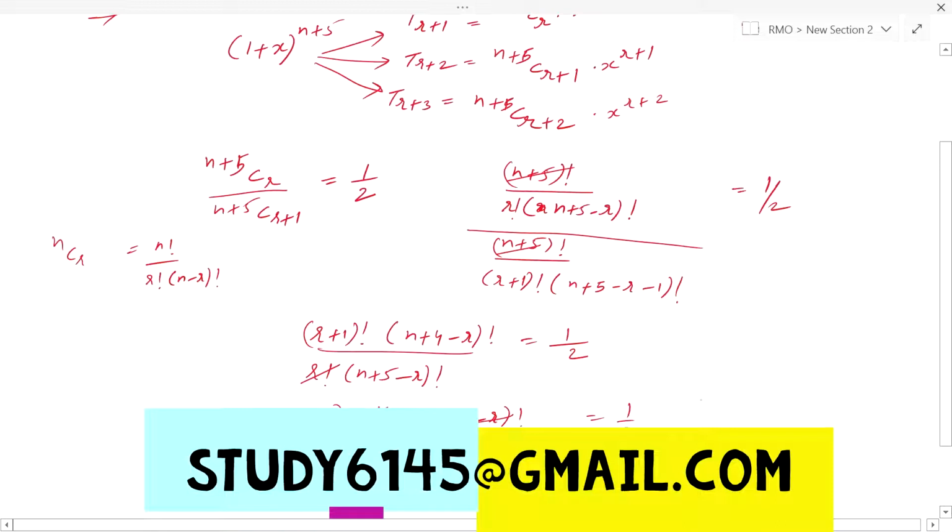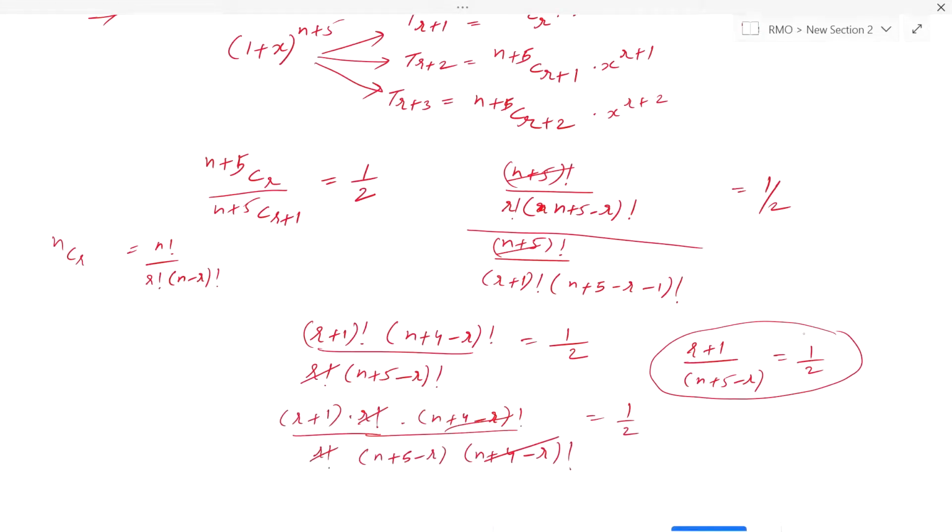So we got r plus 1 upon n plus 5 minus r equal to half. This is equation 1.